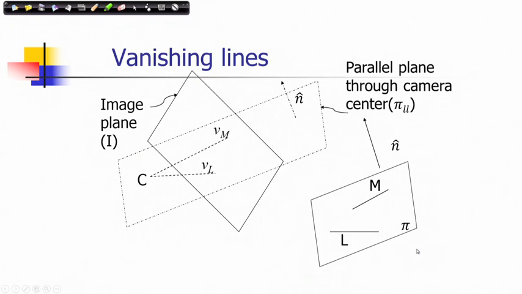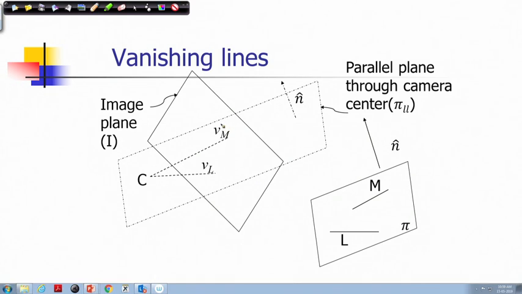So, what you are getting here are the vanishing points of the directions: all lines parallel to direction M have a vanishing point, say at Vm, and similarly Vl is the vanishing point related to the direction specified by L, which is lying on this plane pi.